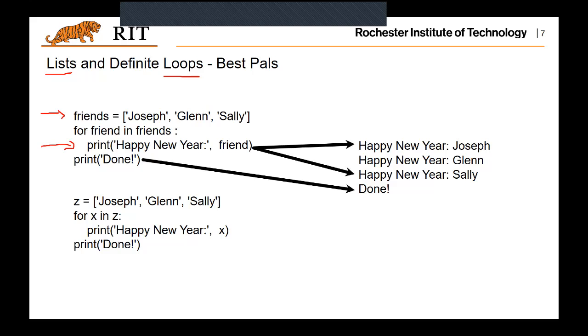For example, you have a list named friends with Joseph, Glenn, Sally, 3 elements, and a for loop. During the loop, just print each of the elements, and it turns out you print Happy New Year, Joseph, Happy New Year, Glenn, Happy New Year, Sally. And after you have finished looping through this list, you print the last sentence, right? That's how this works.